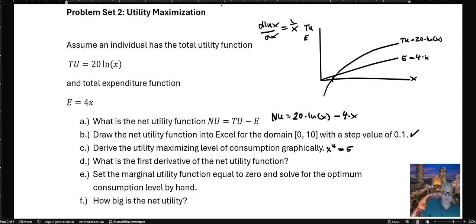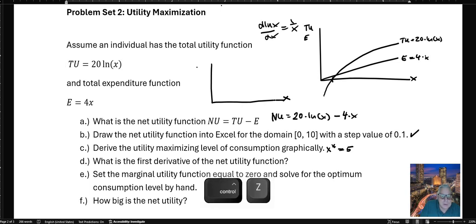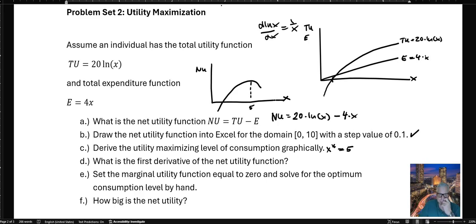Let me sketch it again quickly: x here, and the net utility here, a function which looked something like this, and we saw that at 5 there is a maximum because the slope is 0.